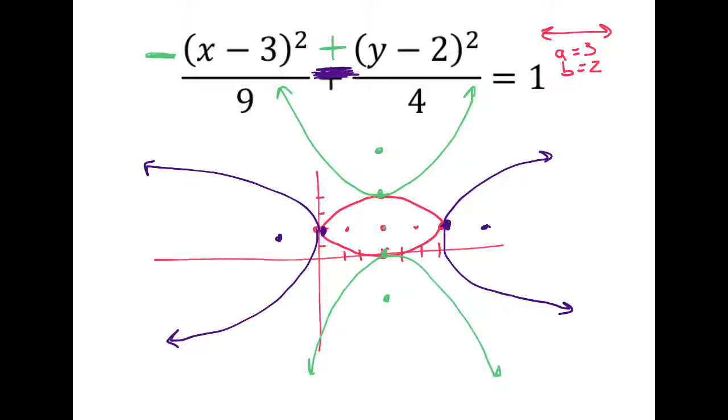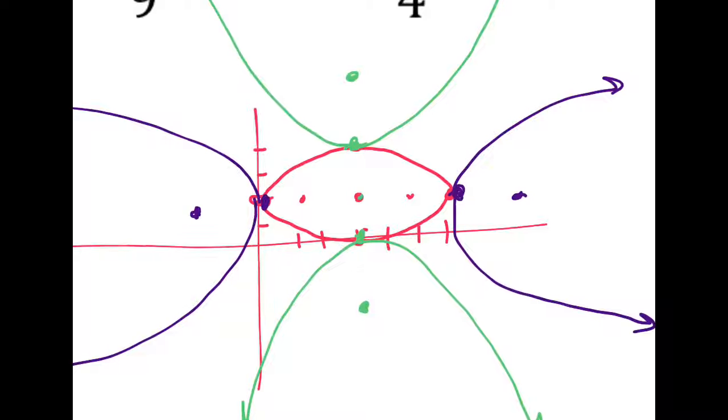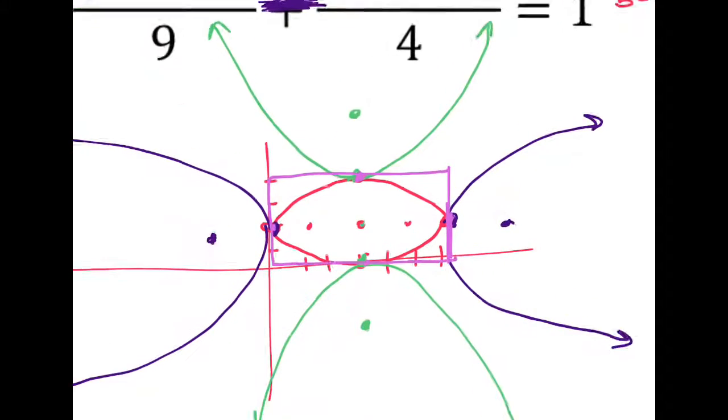And fortunately, these slant asymptotes are very easy to find and very easy to actually draw. What I want you to do is picture a box around that ellipse, like this, going perfectly around it, sharing all of those points right there. So I think we can picture that box in the middle right there.